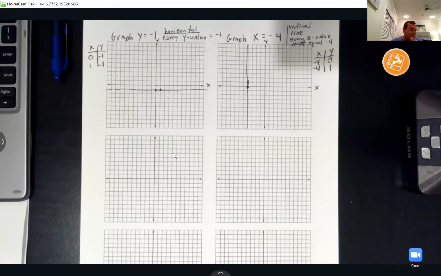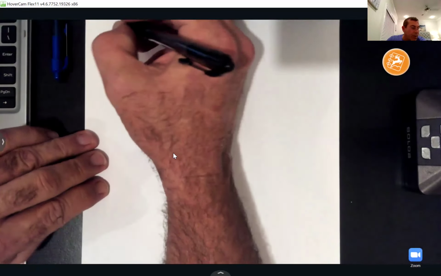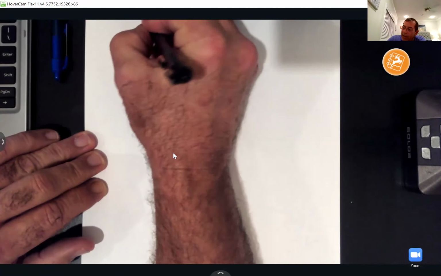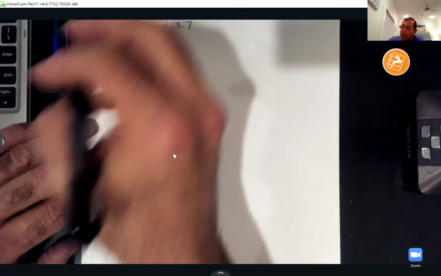All right, y'all. Then let me go back to my page now so I can give y'all some notes. So this is still support 3.7. But y'all, they want us to start graphing inequalities.